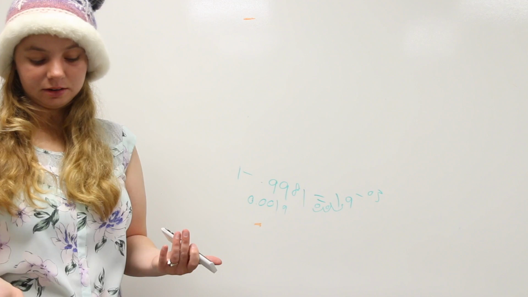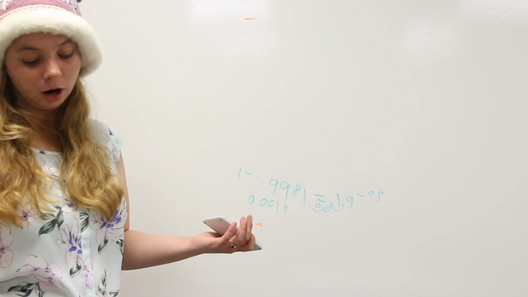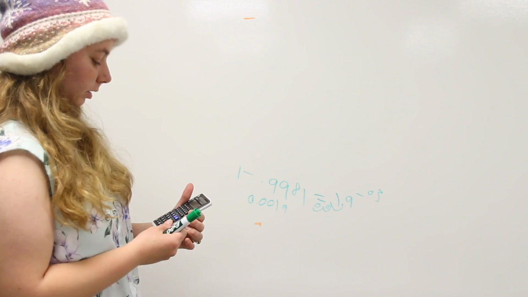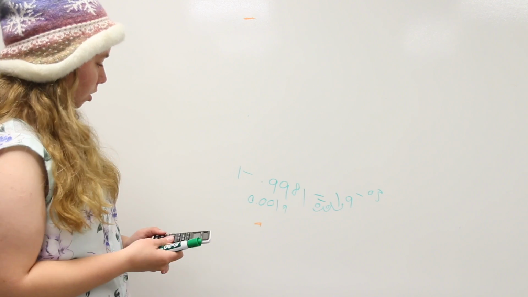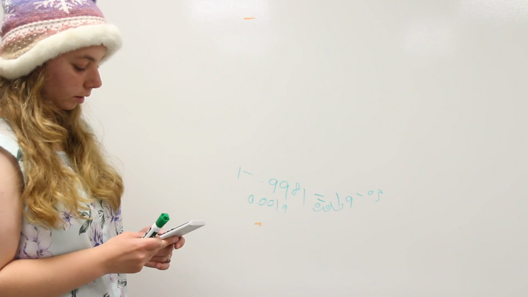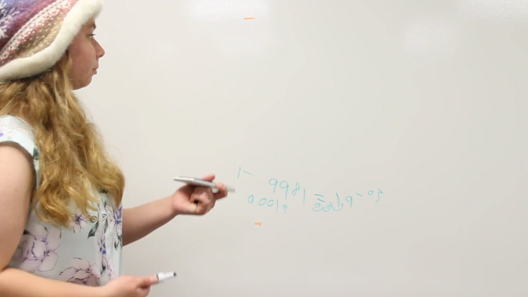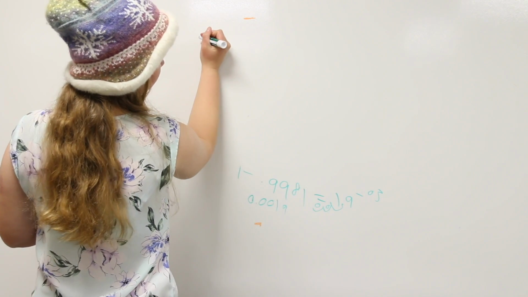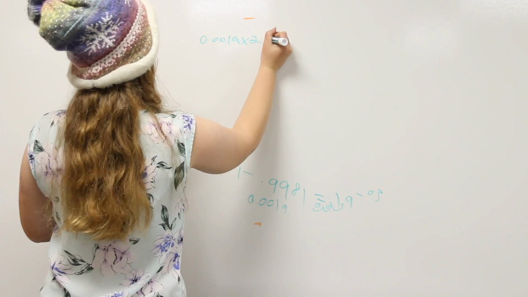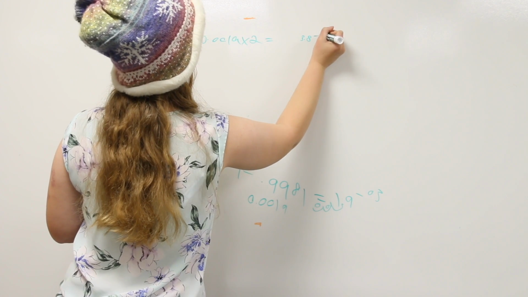Since it's a two-tailed test, because of the null and alternative hypotheses being equal and not equal, multiply that by 2. So we take our 0.0019 and times that by 2, so 0.0019 times 2 equals 3.8 times 10 to the negative 3.